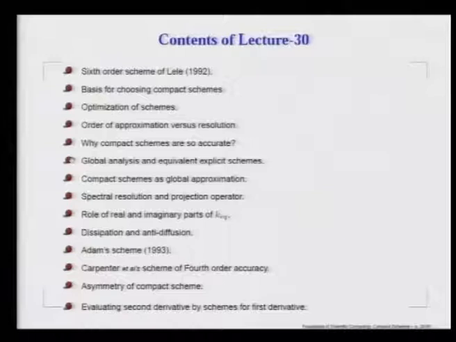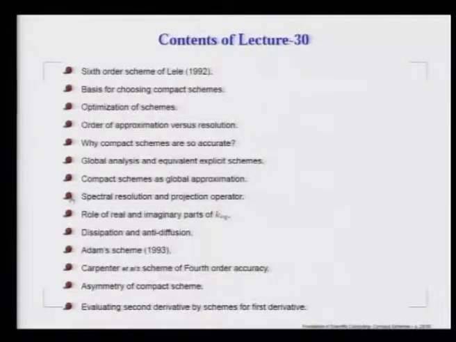We can figure out that this implicit method, when written as an equivalent explicit scheme, is equivalent to a 20th or higher order accurate scheme. So, this is one of the plus points of compact schemes as a global approximation, and we have further developed the spectral analysis tool by finding out the resolution at any node for a non-periodic problem in terms of a projection operator.